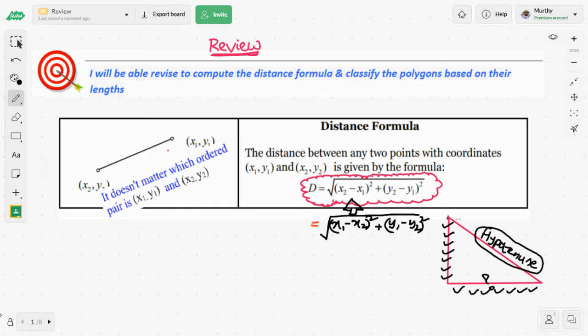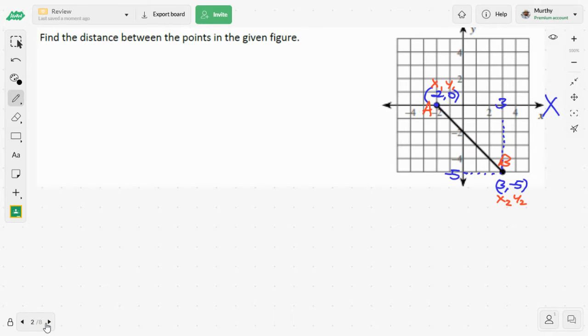So the order doesn't matter, whichever order you write, x2 minus x1 whole square or x1 minus x2 whole square can be taken.